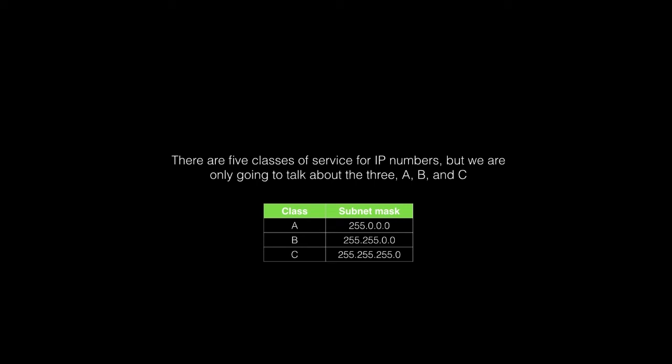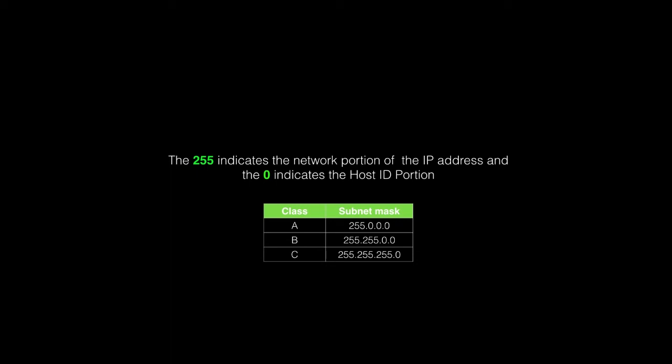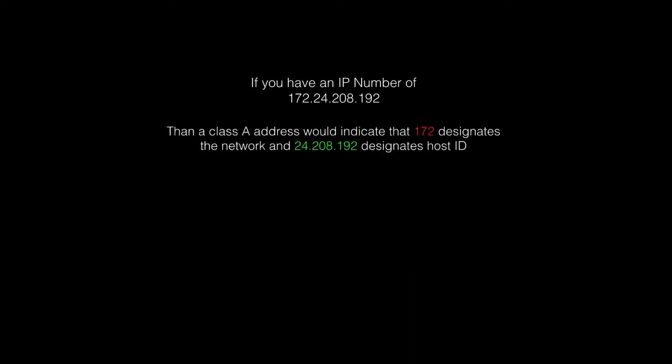The subnet mask actually tells you what class of IP you're dealing with. The 255 always indicates the network portion, and the zeros always indicate the host portion. So if you see a subnet mask with the first 3 octets of 255, 255, 255, you're going to know you're dealing with a Class C address.